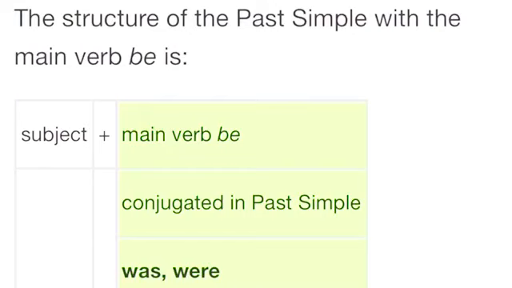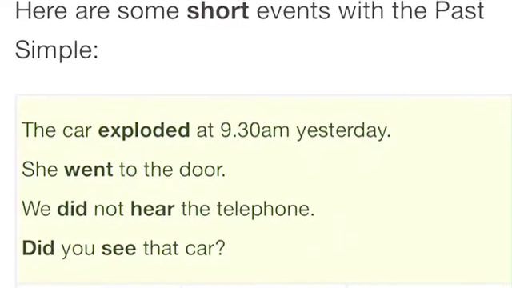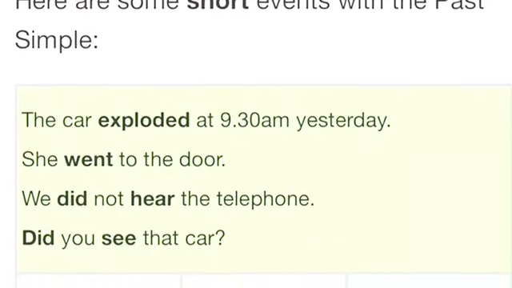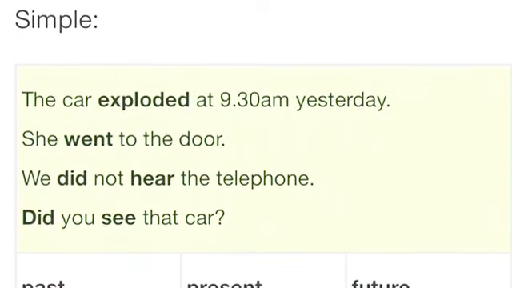I'll give you one or two examples like he was, you were, it was, they were. Got it? So it totally depends on the identity of a person or a thing whether we need to use was or were.